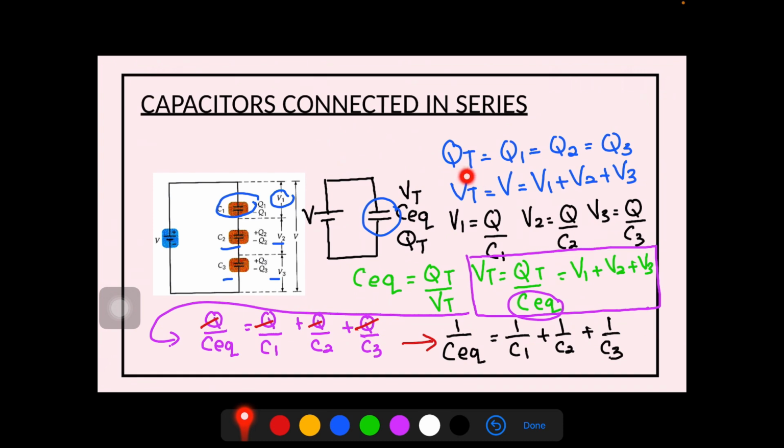And the charge for series combination capacitors is the same. How about the potential difference across the capacitor? V total equals V1 plus V2 plus V3, and this V3 is equal to Q over C3. Okay, clear?